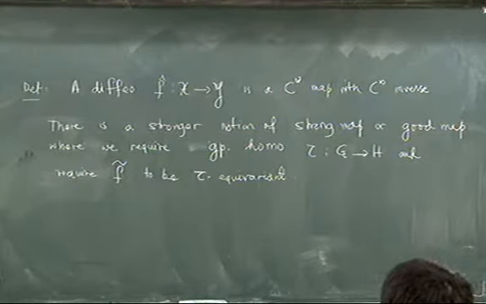A homomorphism of groupoids would be like you have two groupoids, two maps from G0 to H0 and from G1 to H1, and some natural compatibility conditions, mirroring this idea.